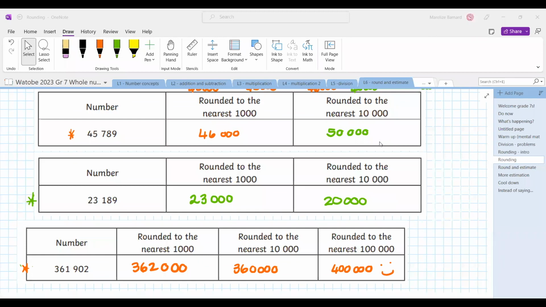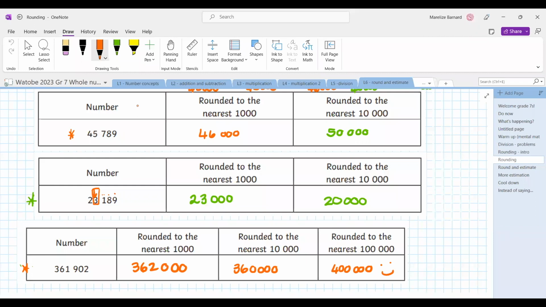So when we rounded to the nearest 1,000, we were looking at the 9. No, we're not looking at the 9 for the 1,000. Where's the 1,000 value here? This is ones, tens, hundreds. The 1,000 is here. So we're looking at the 3.